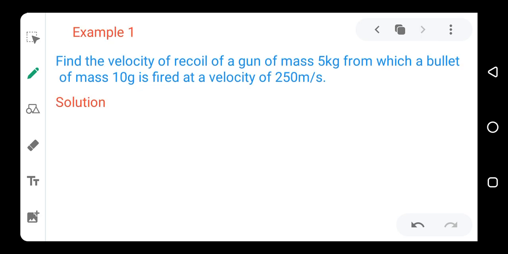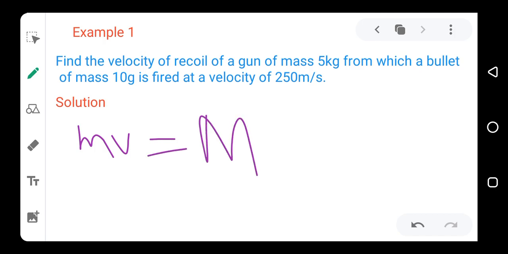Now in this example, find the velocity of recoil of a gun of mass 5 kg from which a bullet of mass 10 gram is fired at a velocity of 250 meters per second. Now what do we need to do? We know that the relationship between the recoil force and propulsive force is mv = MV.